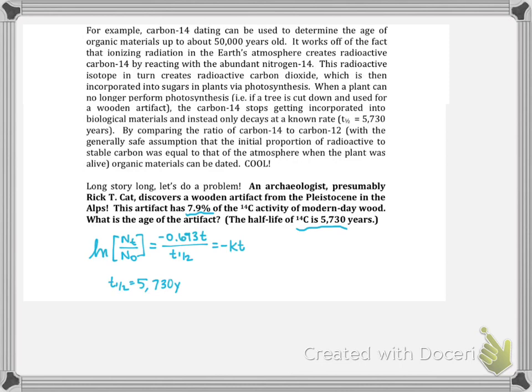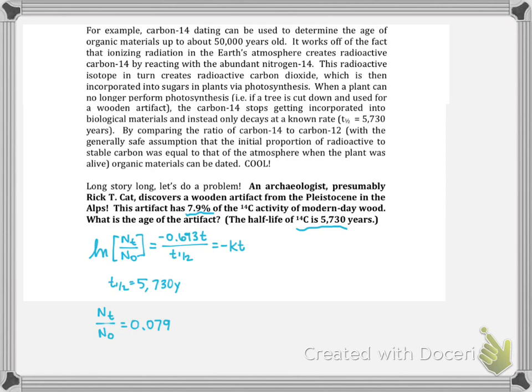Let me re-say that. If we were to hold a Geiger counter up to a piece of wood today and measure that, and then hold it up to our artifact, we're saying it only has about 8% of the activity that the new one does. And so what I'm going to say is that the ratio of the activities is just going to be this number, so that's 7.9%.